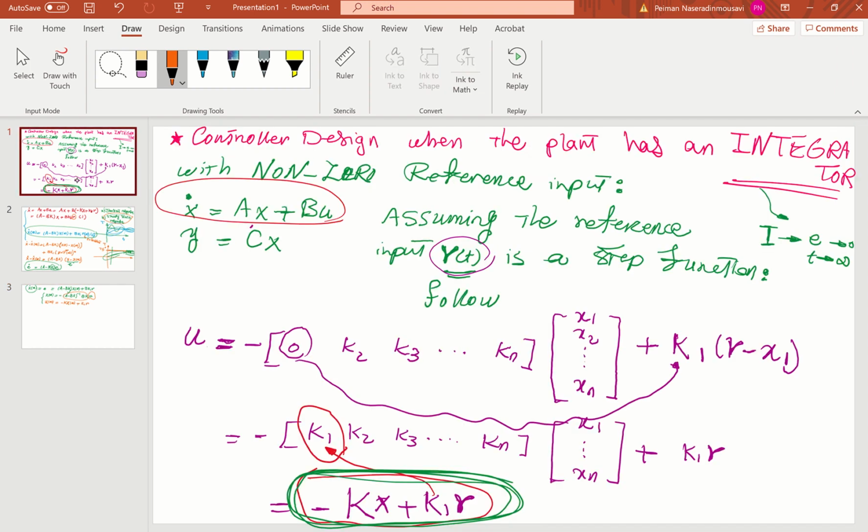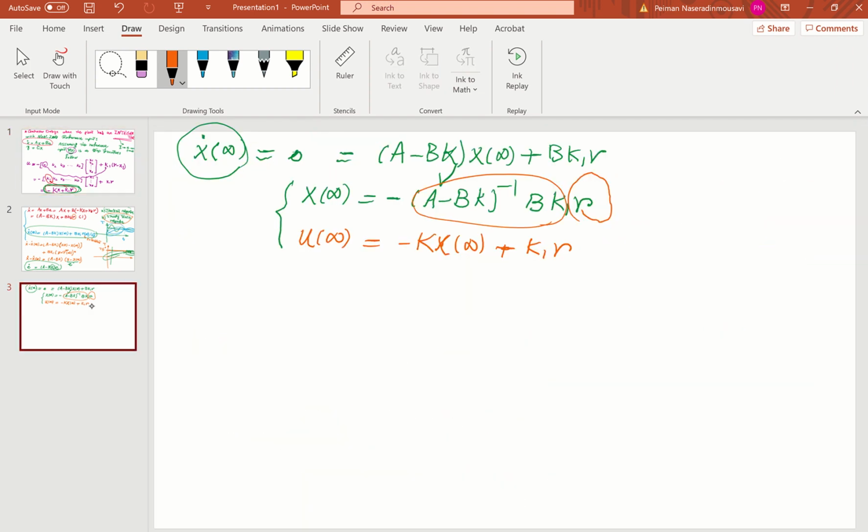See here, we just did it. So what is x at time infinity? It is r. So minus K r plus k1 r is going to be 0.